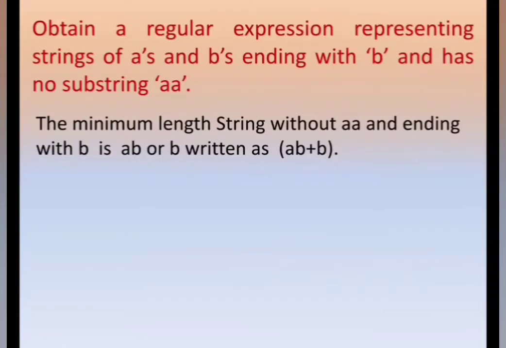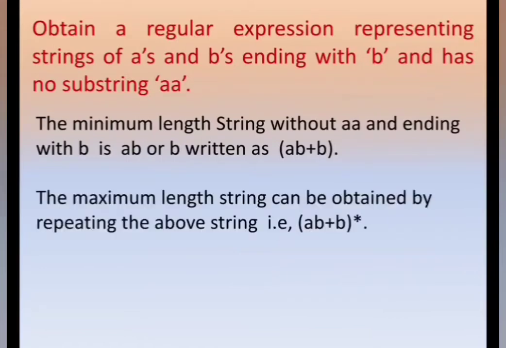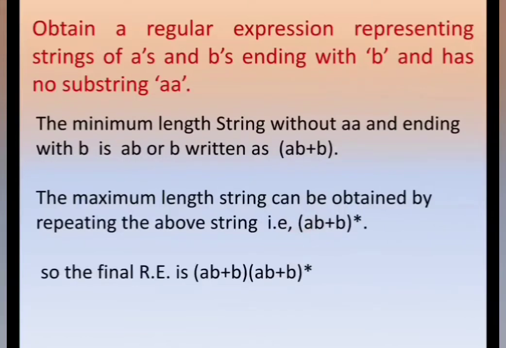So the regular expression for this condition is (AB+B)*. So the final regular expression we get by combining these two is (AB+B)(AB+B)*. That means this is the minimum string, and if we add this, it will have a maximum number of A's and B's ending with B.